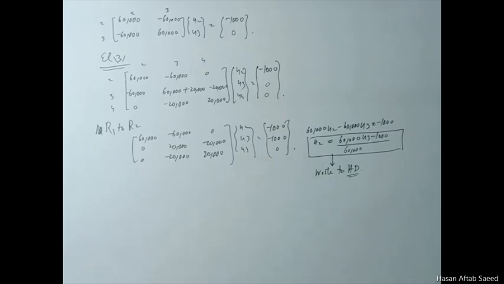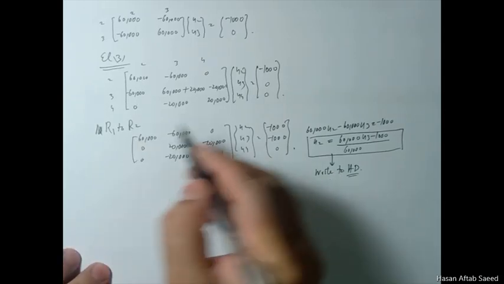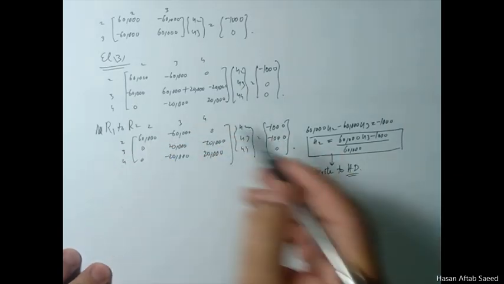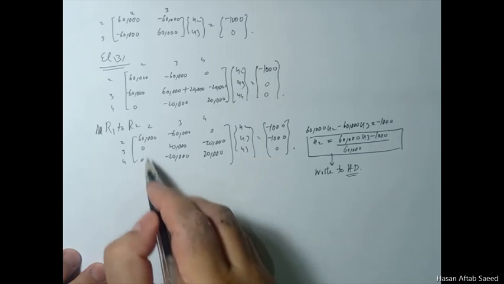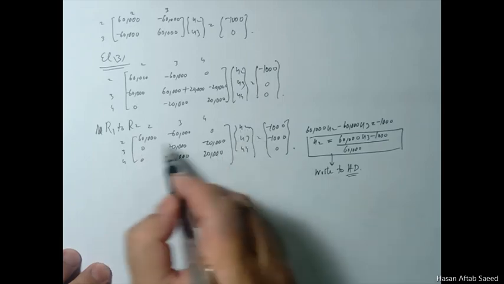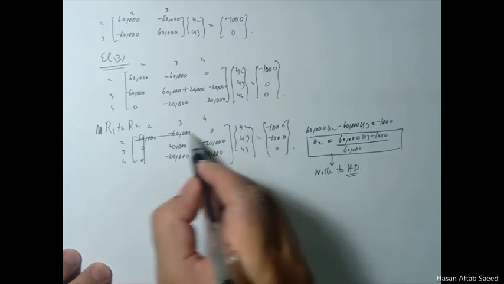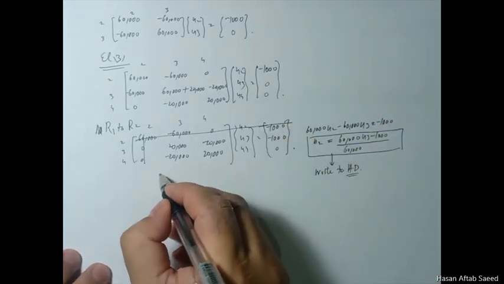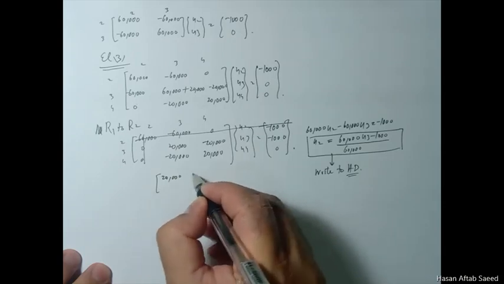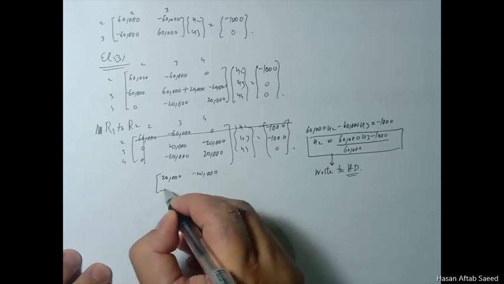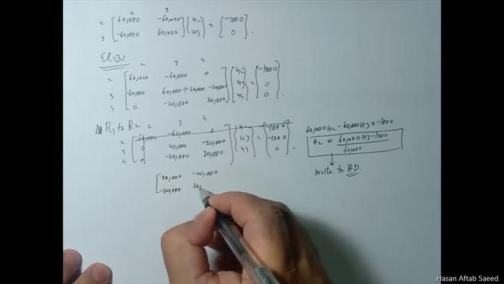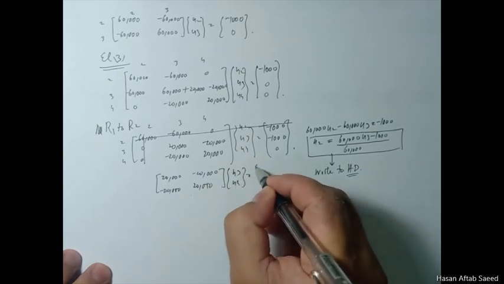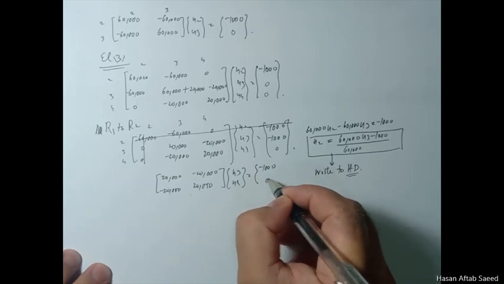Now at this stage, 2 3 4, 2 3 4. Now these are all zeros, no problem, gone, and this one also gone because you have written it here. So you have 20,000 minus 20,000, minus 20,000, 20,000, u3 u4 is equal to minus 1,000, 0.